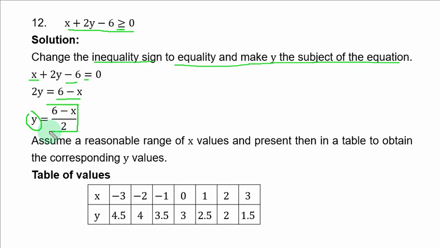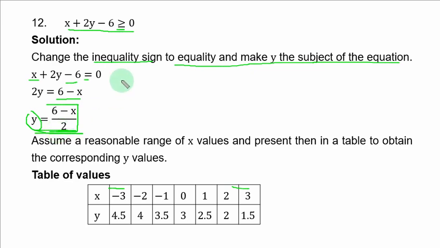You should know that in graph plotting, the values of x are always given, and when they are not, you assume a reasonable range of x values, not too small, not too large. So here I'm taking minus 3 to plus 3, and you get the corresponding values of y using this equation.